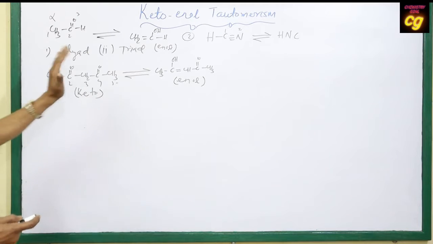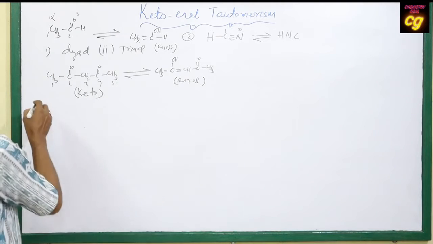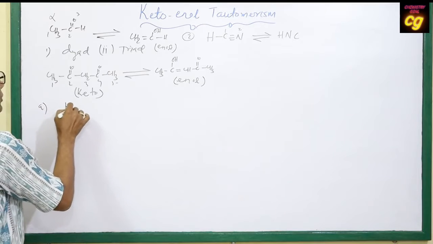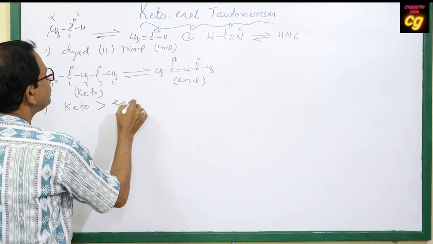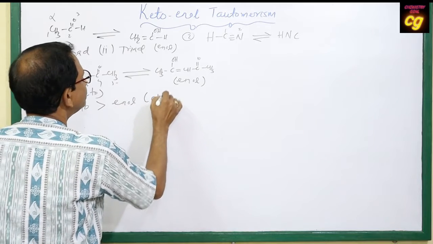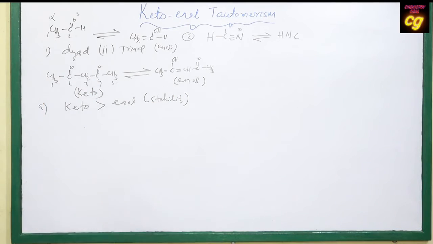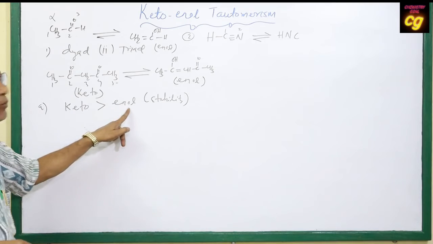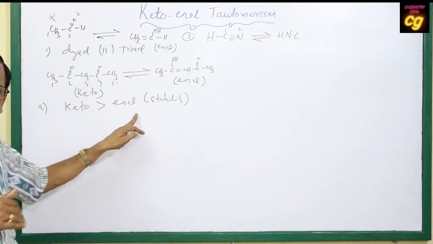If you see the stability of keto form and enol form, very important, the keto form is more stable than the enol form, but both are interconvertible.